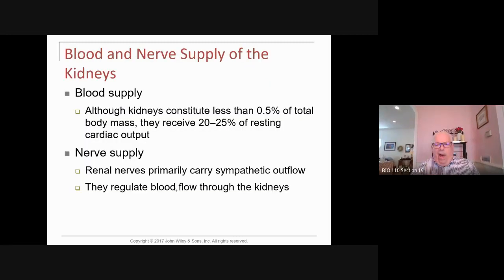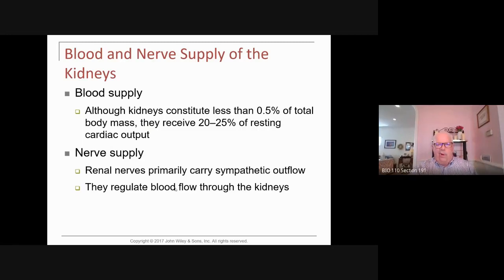Okay? The blood supply of the kidneys is from the renal artery and the renal vein. 20 to 25% of your cardiac output is received by the kidney. You don't have to know the nerve supply of the kidney.